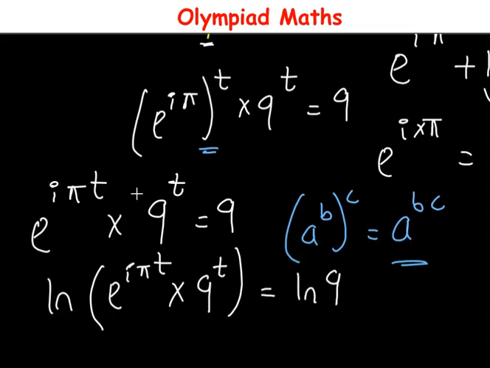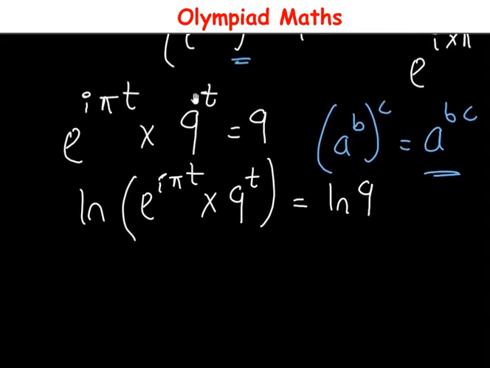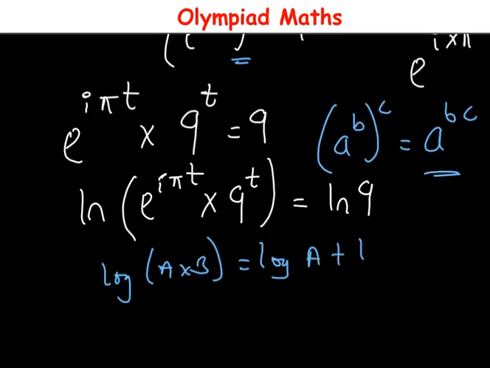With this, there is a rule of logarithm that states that if you have log of a times b, this equals log of a plus log of b. But don't forget that ln is equal to log to base e. So that means that we can apply the property of logarithm to natural logarithm.